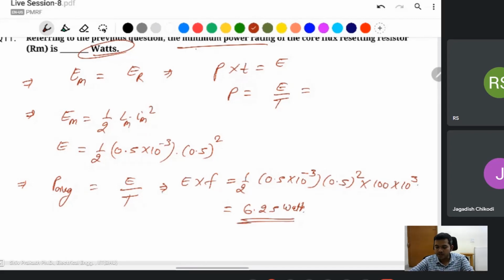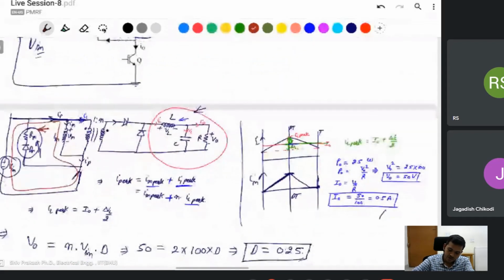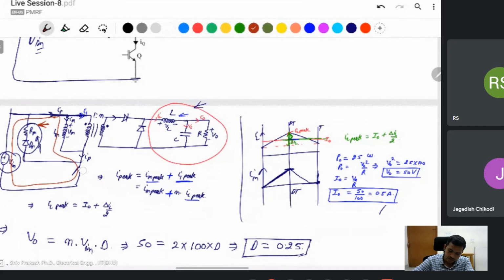We require the value of resistance. The resistance value depends on the spike of the voltage on the switches. Here the core is resetting from the resetting winding, diode and resistor.